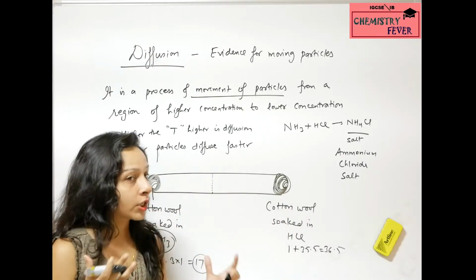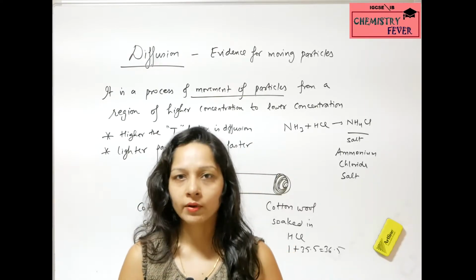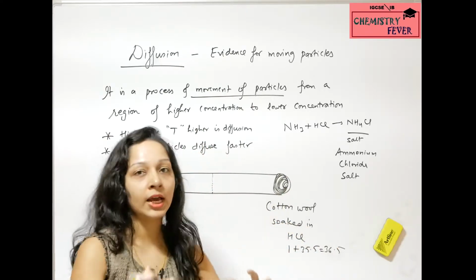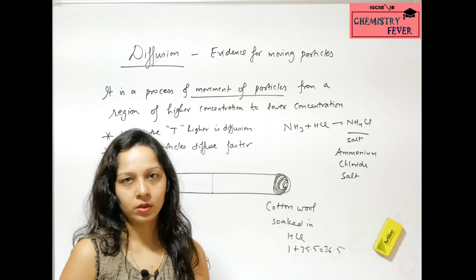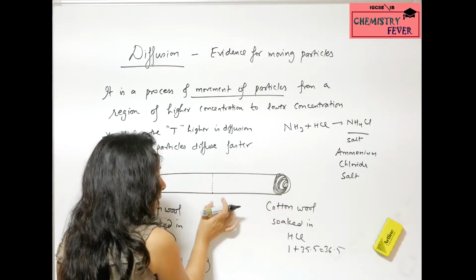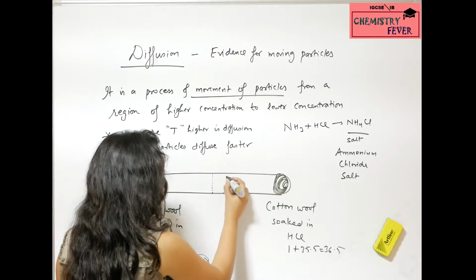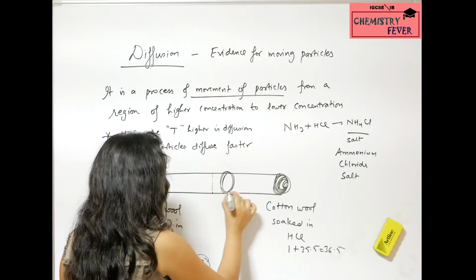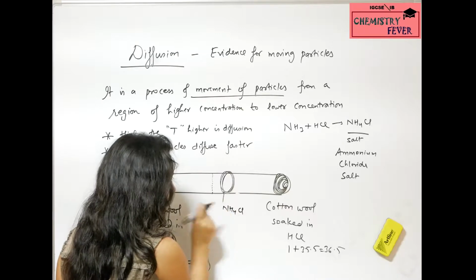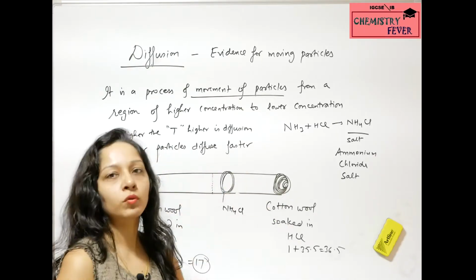So sometimes they ask a question: if you get ammonium chloride, it will be a solid deposition because it is solid, right? So where will it be closer? To which side of the glass tube will it be closer? Because ammonia molecules will diffuse faster, in the meantime they will cover more distance, right? So we will see that the deposition of ammonium chloride will be closer to HCl because these molecules will diffuse faster.